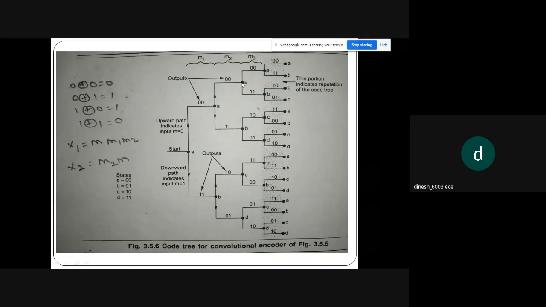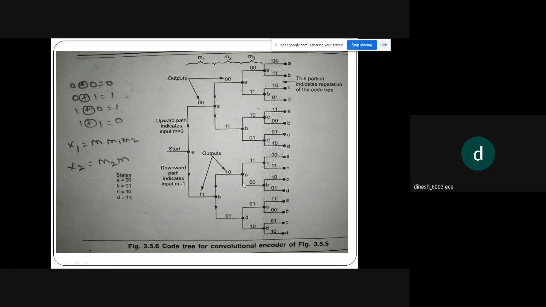Okay. And here, when I substitute for B, M equal to 0 or 1, keeping the first bit as it is, 0 means it goes in the upward direction.